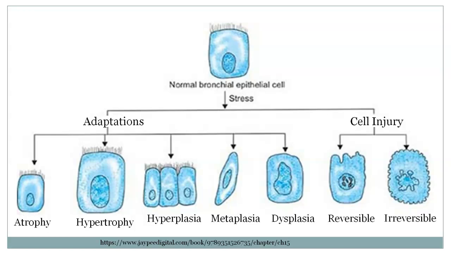Reversible cell injury is one in which, if the stress is removed, the cell comes back to the normal state. But if it does not come back to the normal state even when the stress is removed, the change is called irreversible cell injury. In the next slide we discuss the meaning of all these.